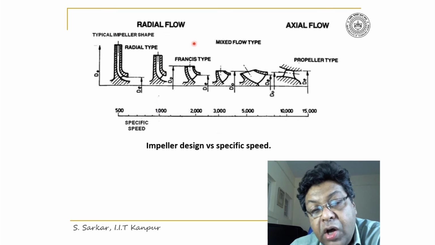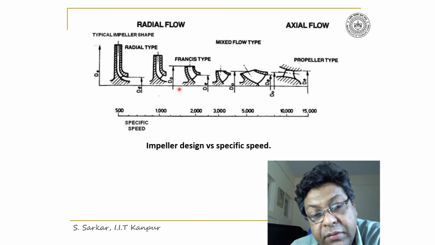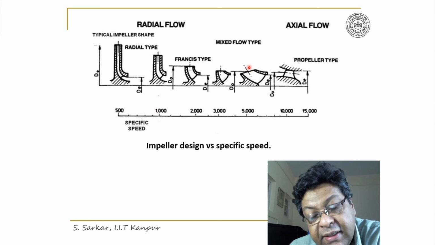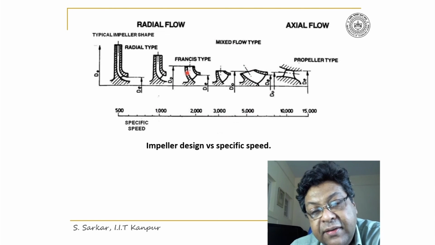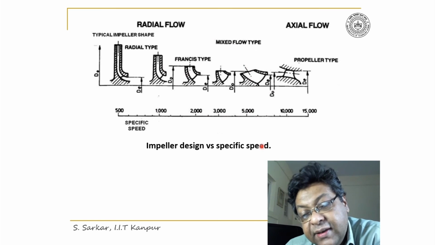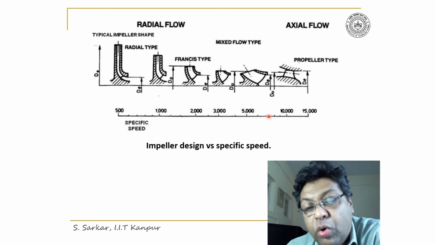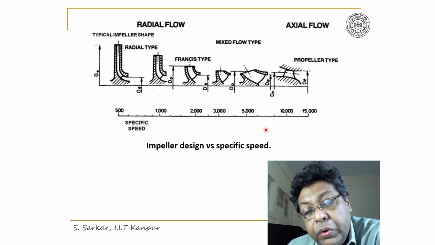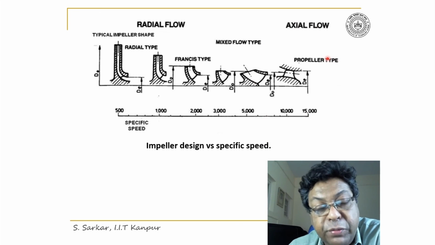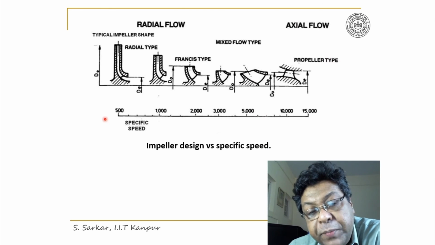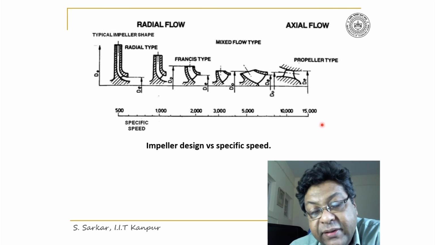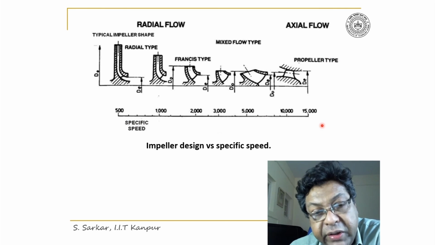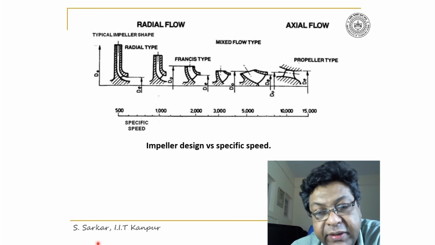In the middle region, we land at a mixed flow impeller, and when the specific speed is more than 10,000, we land at axial flow machines. Here specific speed has been expressed in terms of British units, not in SI units.